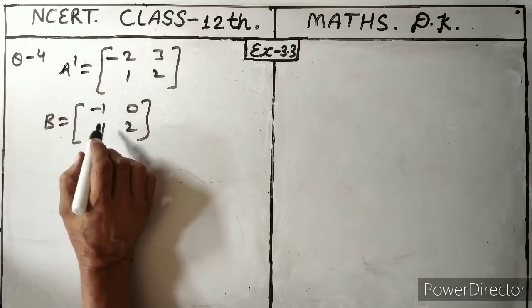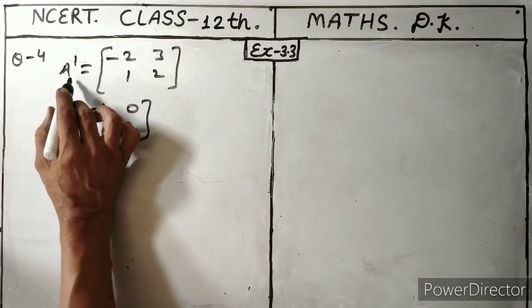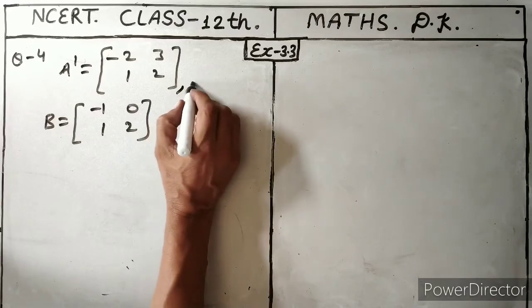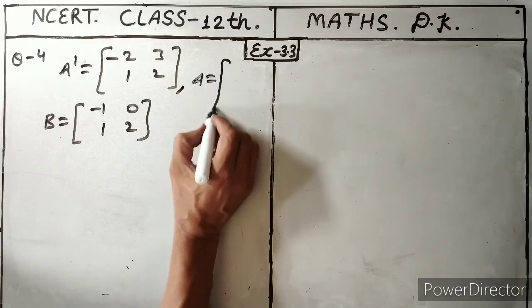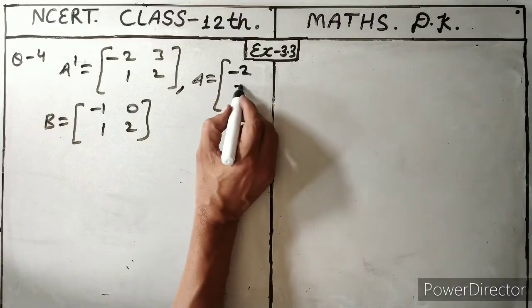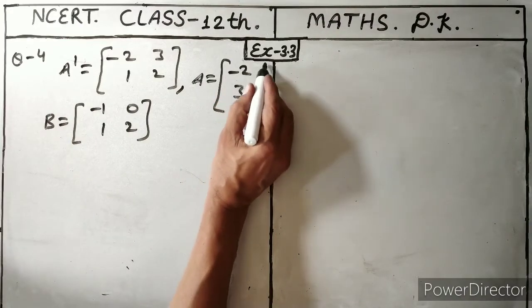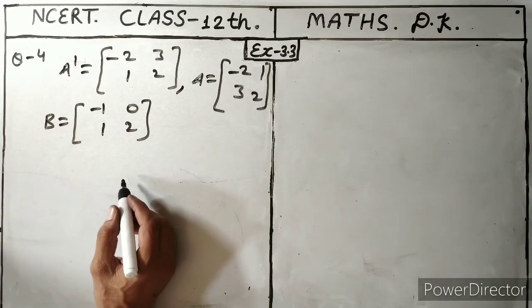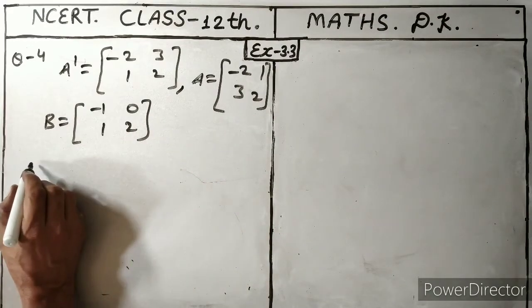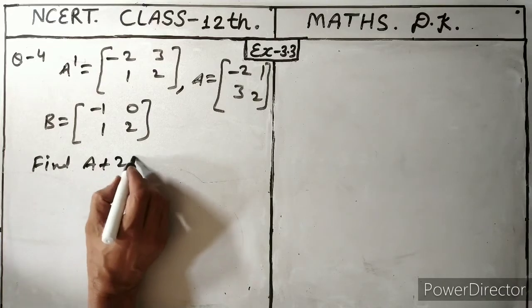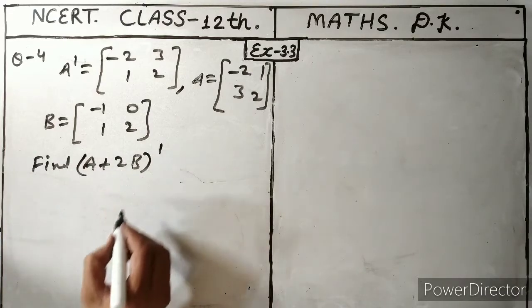This is A transpose, but here we don't have the A matrix. Then we find out A, the transpose of A transpose, [-2 1; 3 2]. This is A and this is the B matrix. Then we find A plus 2B and its transpose.